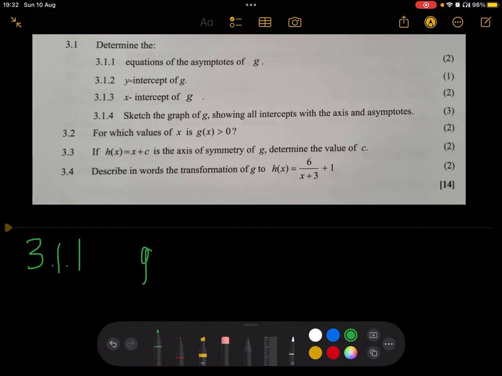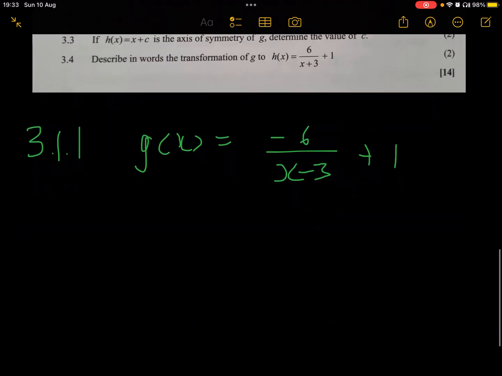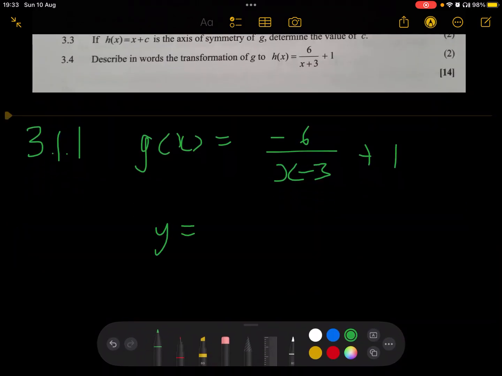As we know, g of x is given as negative 6 over x minus 3 plus 1. That relates to the original hyperbola function, which is a over x minus p plus q.